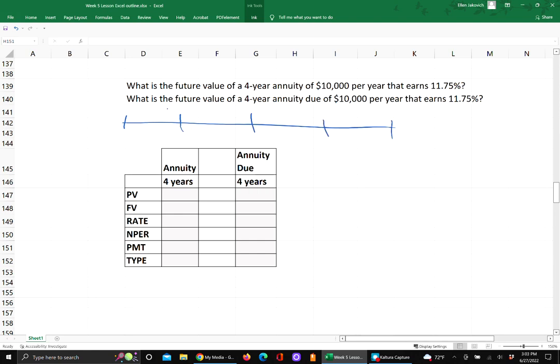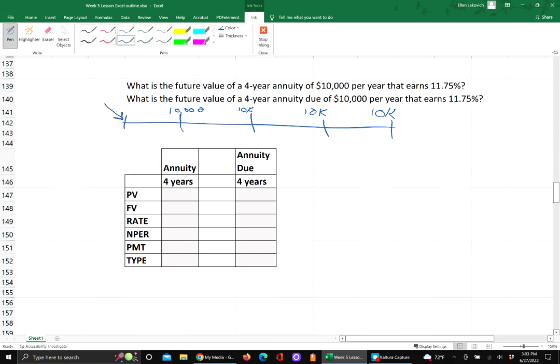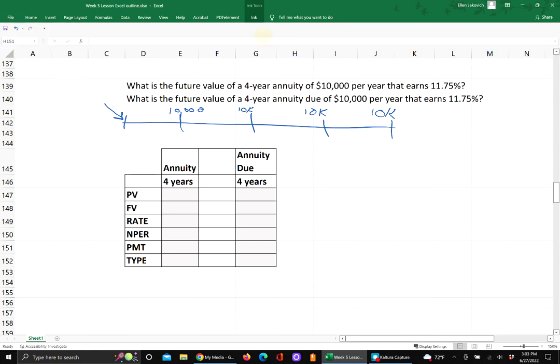It looks like a payment of $10,000 here, I'll just say 10K, and here. So present value, there's nothing going on with an ordinary annuity. So our present value is 0. Let's put a 0 there. Our future value, well, that's what we're trying to solve for, is what will it be worth right here when we get our very last payment?